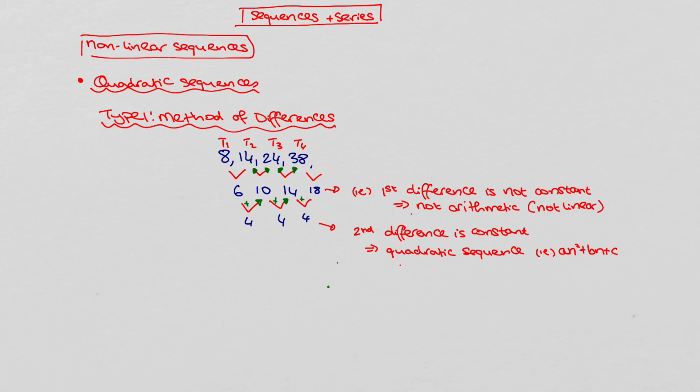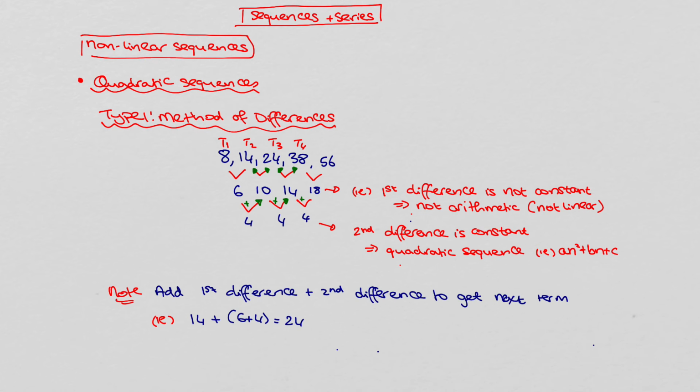So the next term there would be 56. And we could continue that process where you keep adding the first difference and the second difference to get to the next term. So adding the first and second difference will give you your next term.